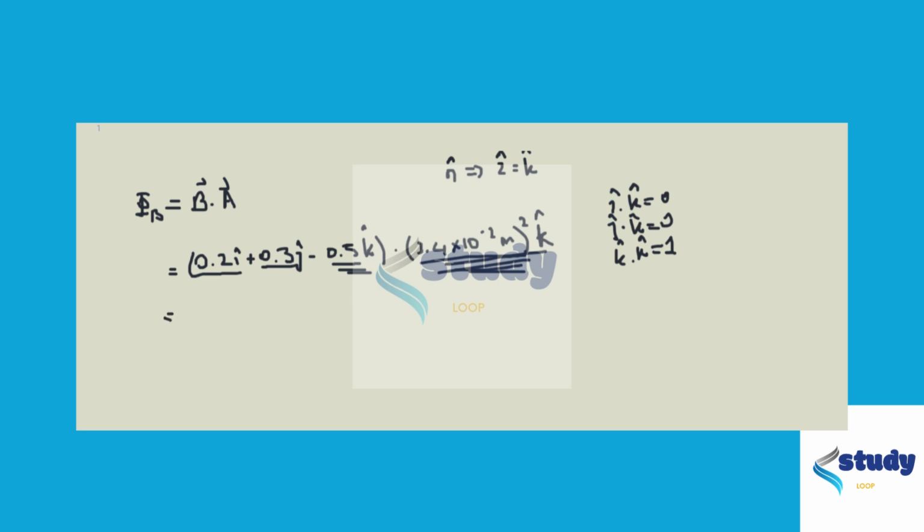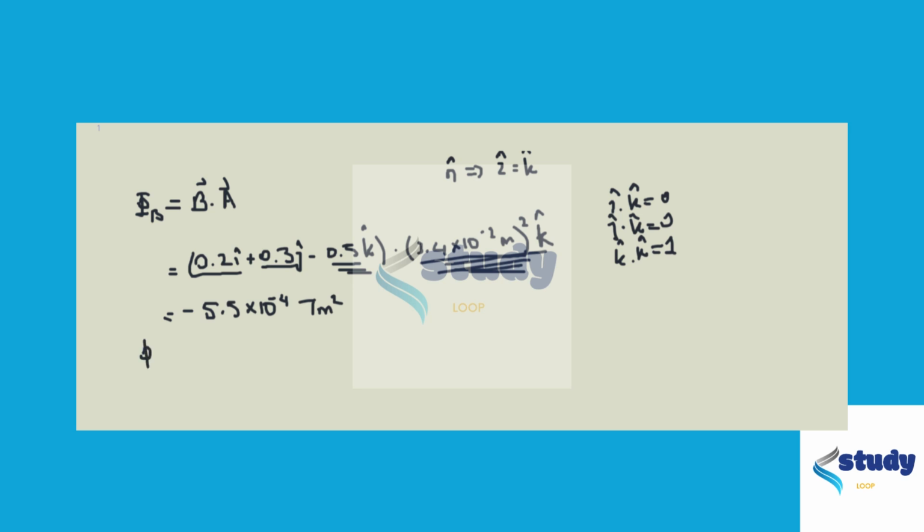Then the flux is going to be equal to negative 5.5 times 10 to the power of negative 4 Tesla meters squared.